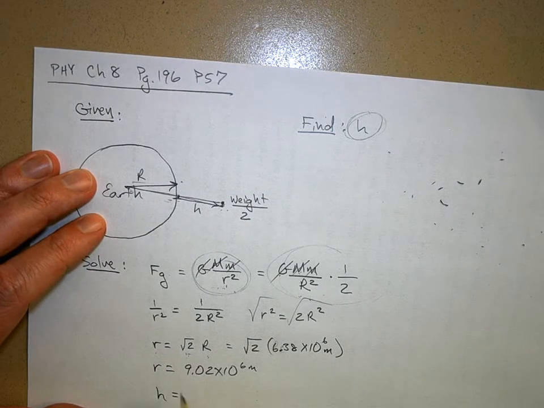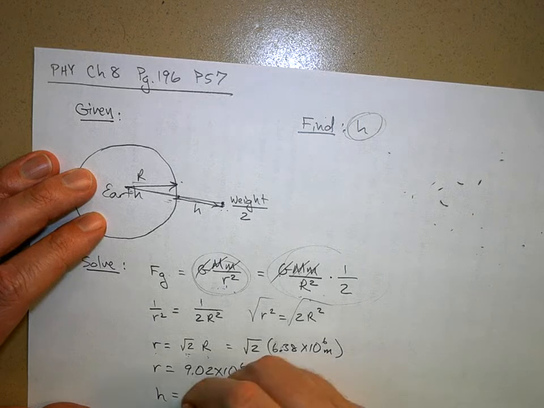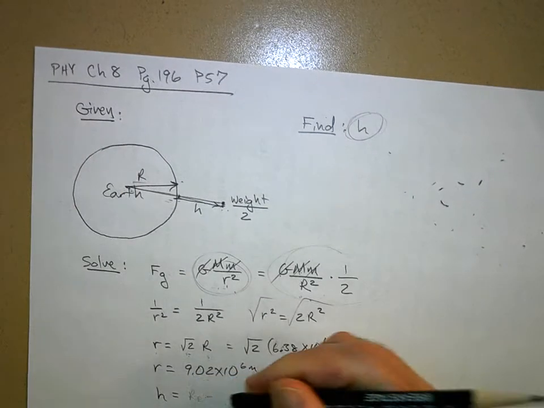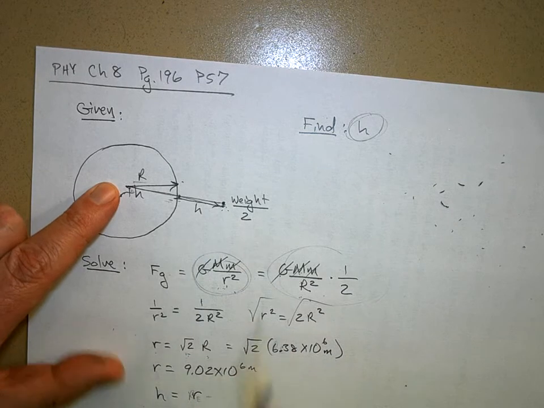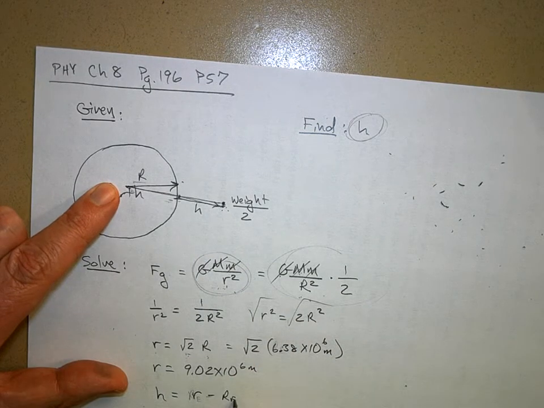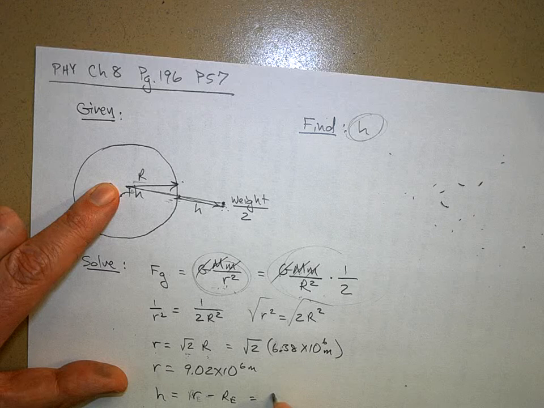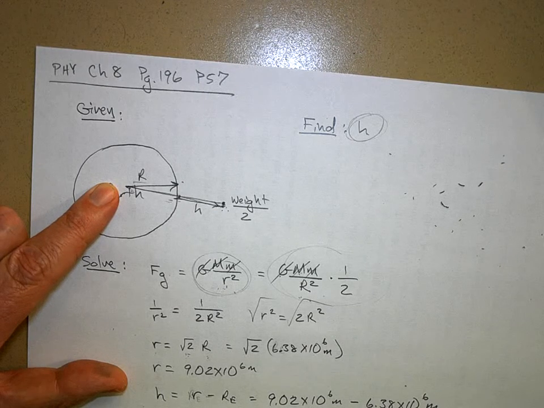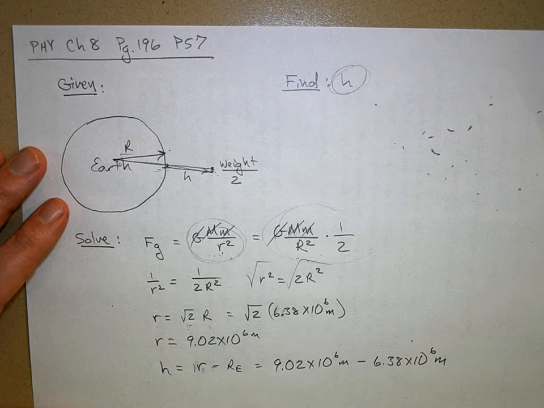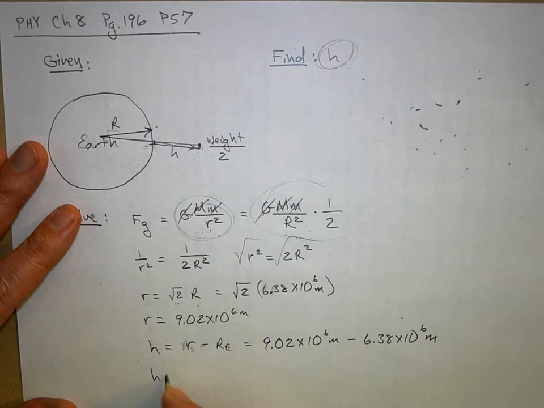So h is equal to r, this total distance here, minus the radius of the Earth. So we're going to take 9.02 times 10 to the 6 meters minus 6.38 times 10 to the 6 meters. And this should be our answer.